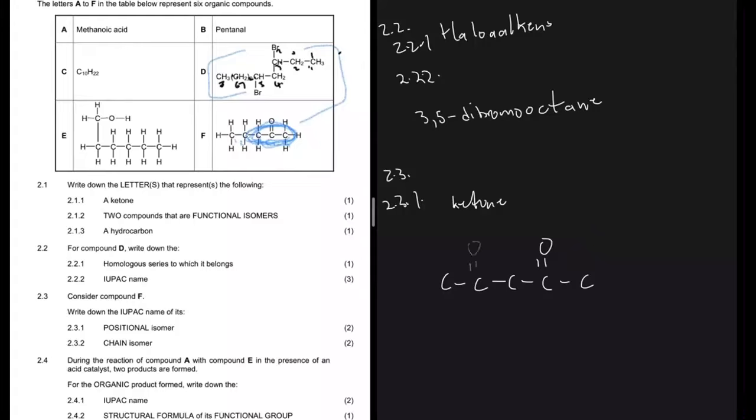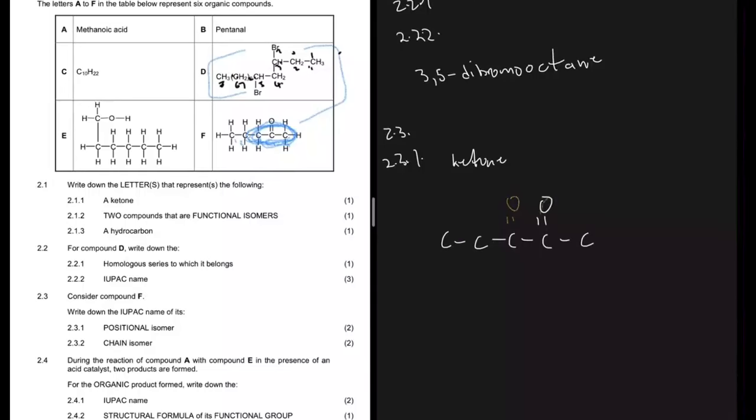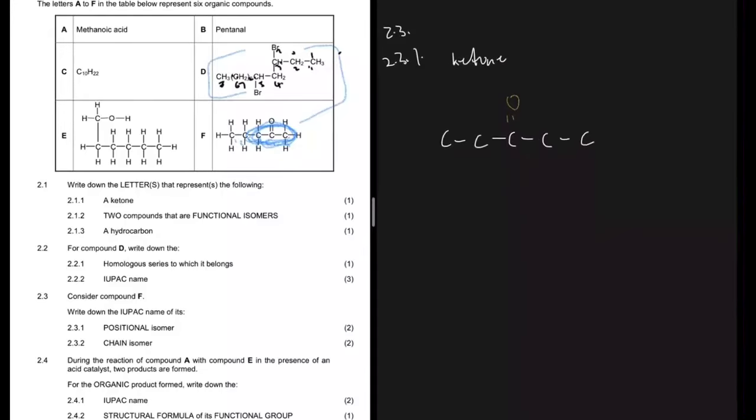But if we put it on this carbon here, then it's going to be the same name, because we'll start naming from this side. So it will still remain what it is. So we are supposed to put it on the carbon in the middle. It will have a different position of the isomer. That's a different IUPAC name, but it's still a ketone that has the same molecular formula. So that's how we draw it. The oxygen double bond is there, and then you can fill out the rest of the carbons.